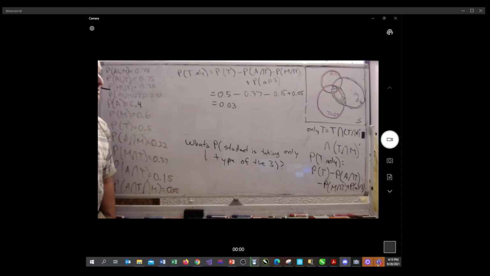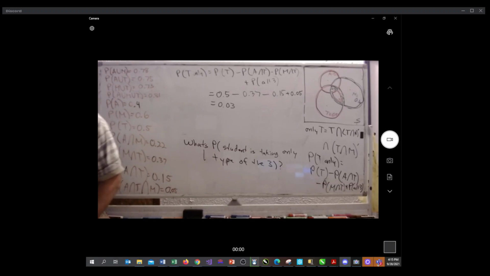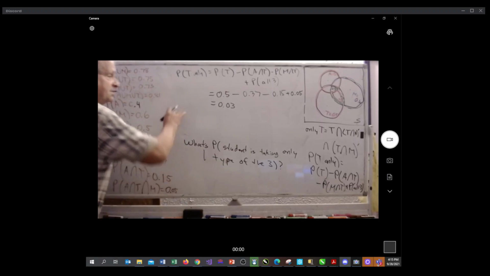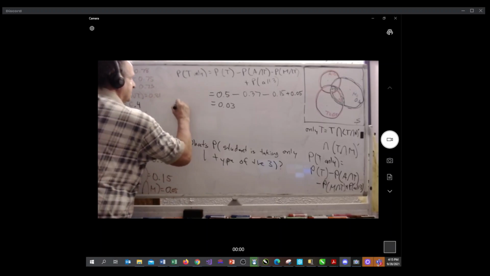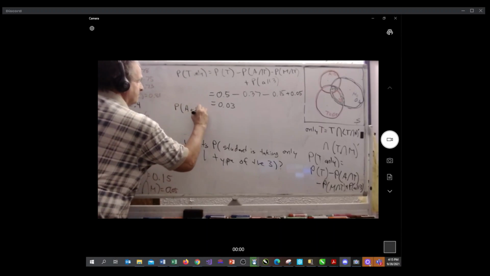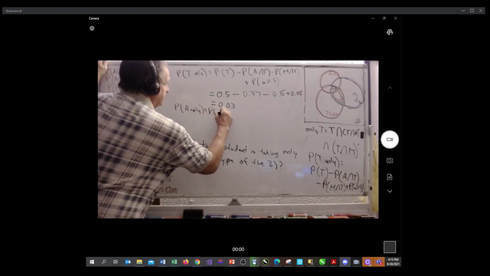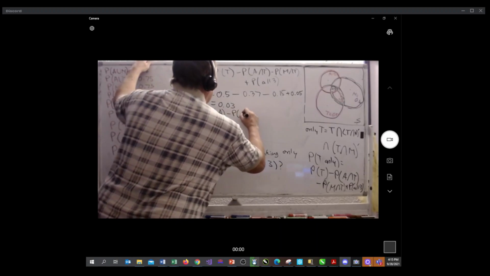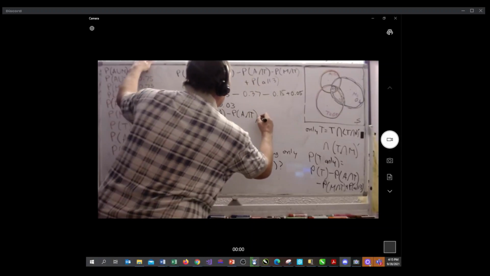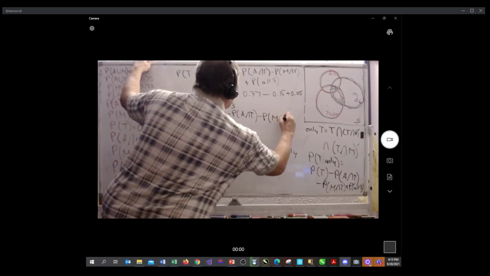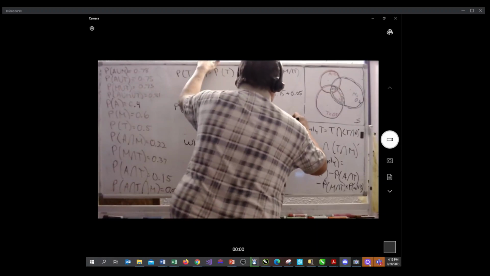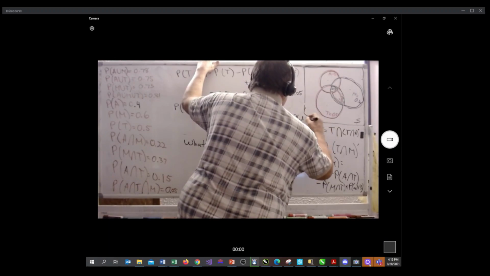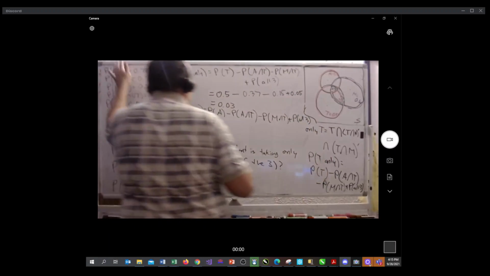Okay, let's do it. The process is very similar, is it not? What's the probability of A only? Probability of A minus the two footballs, right? Probability of A intersect T, we already have that, minus probability of M intersect A, right? Plus probability of all three. What do you get?